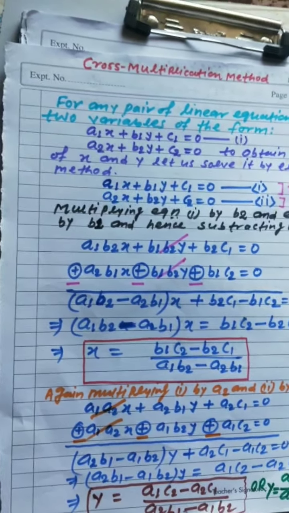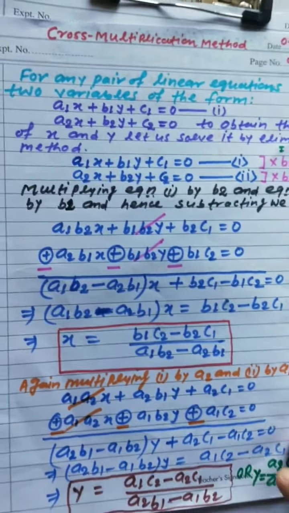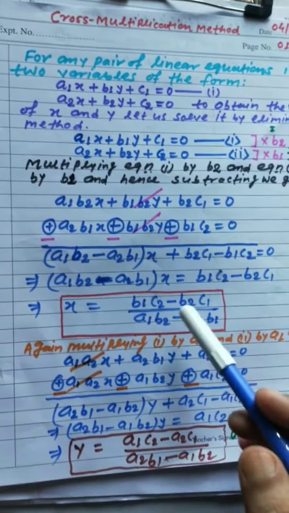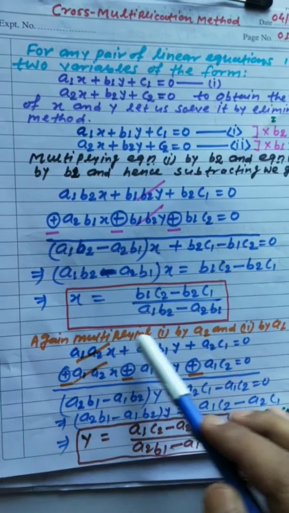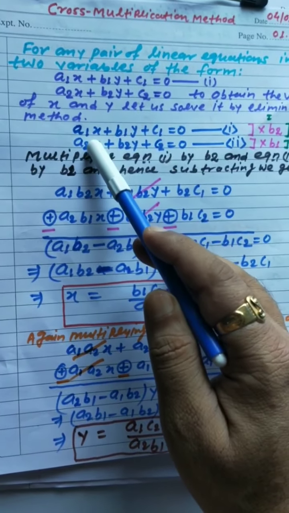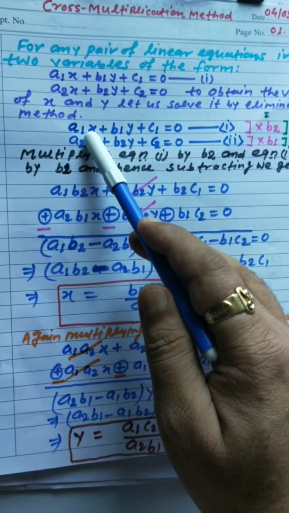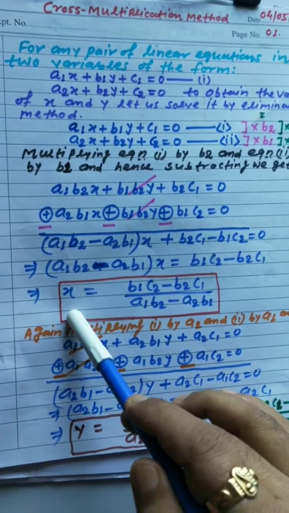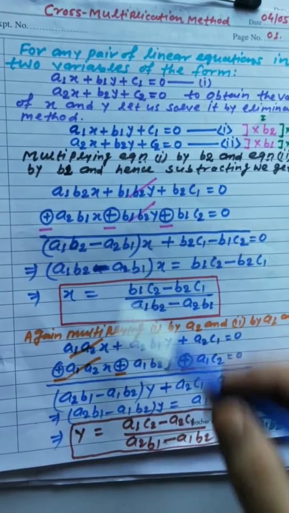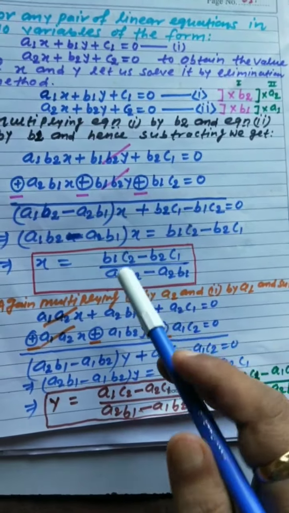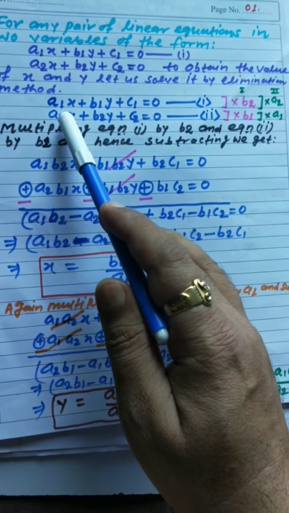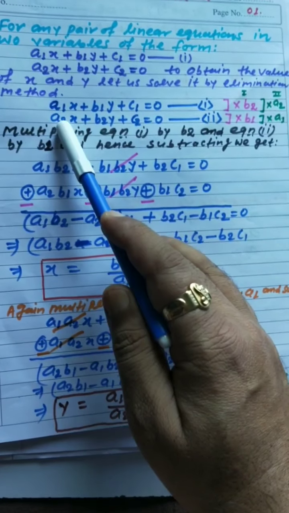And now to find the value of y, it will be easy to find the value of y by eliminating x, because if we put this value in any equation, it will be so lengthy to find the value of y. So let us eliminate. To eliminate x, we have to multiply.